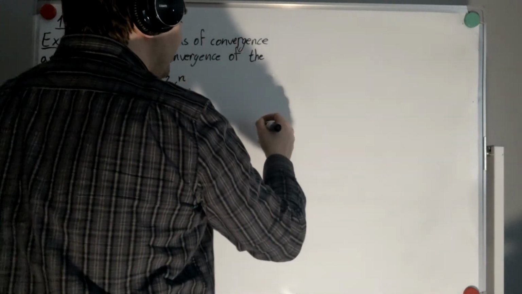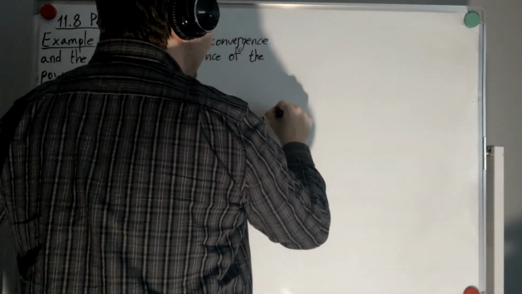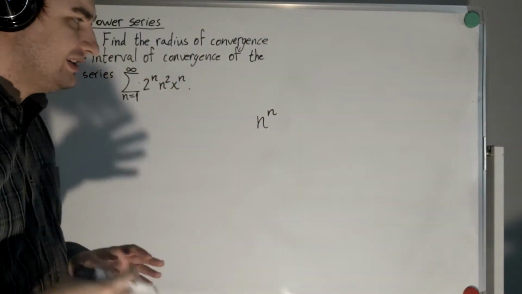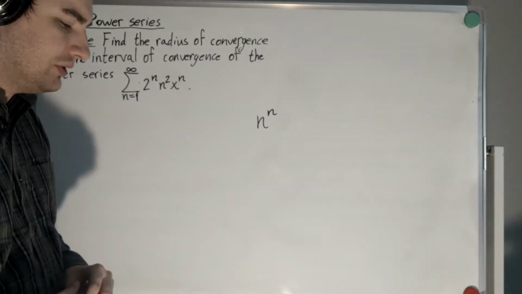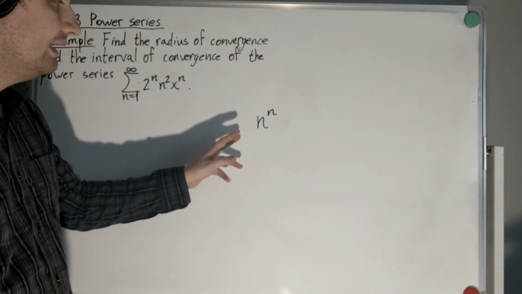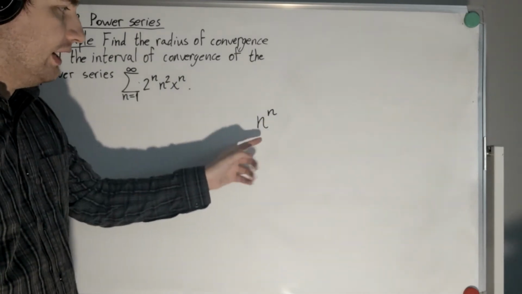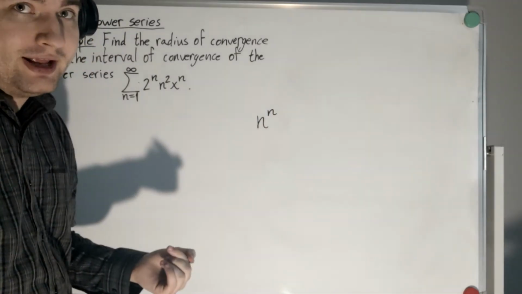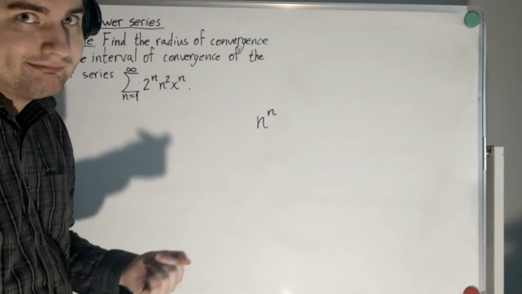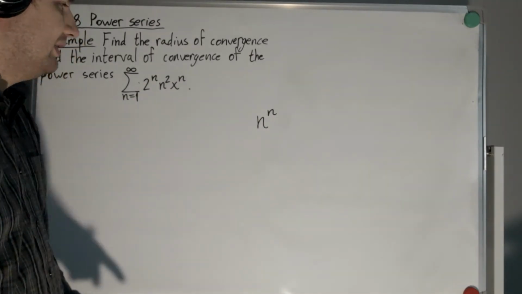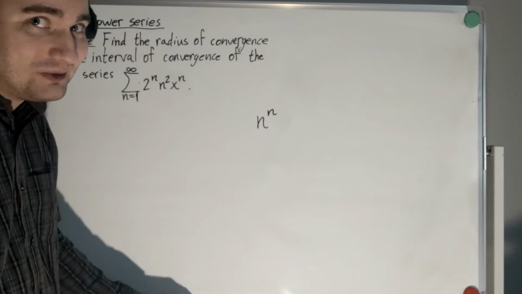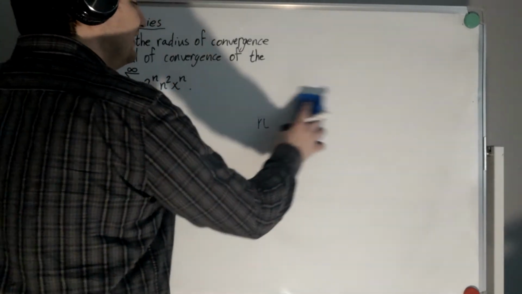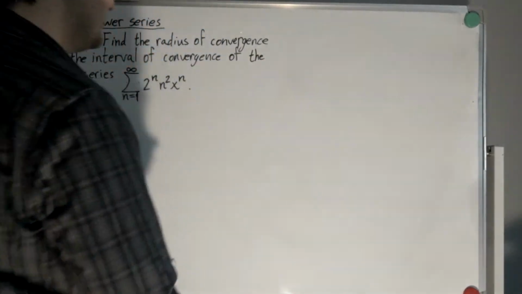Like the coefficients were n^n, right? Basically, the root test is a good thing to consider whenever you have something that depends on n, like just n, raised to something else that also depends on n. Other than that, it's pretty much always the ratio test for a power series if we're trying to find the interval and radius of convergence.